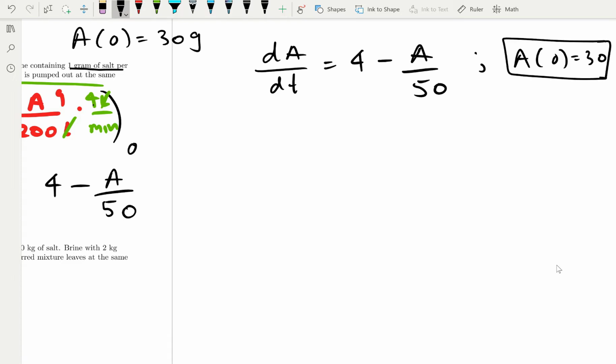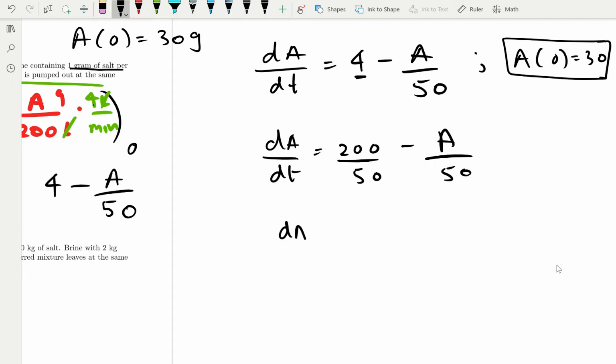Now let's solve this differential equation. As I promised in the previous video, I will solve it using separation of variables, because in the previous video I solved it using the integrating factor method. To use separation of variables, we have to make a common denominator. Let's multiply 4 by 50 and divide by 50, so it's 4 times 50, 200 over 50, minus A over 50.